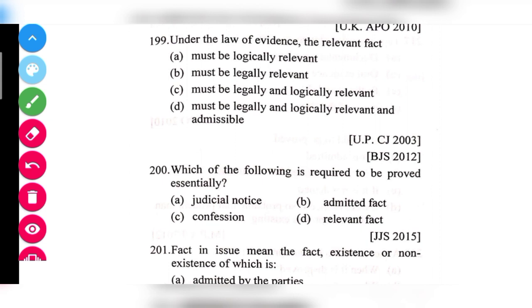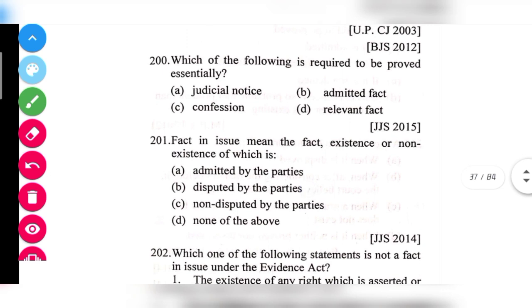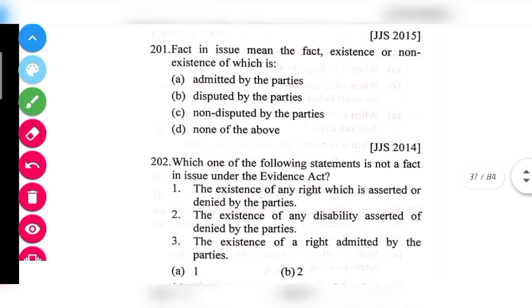200. Which of the following is required to be proved essentially? Answer is B. 201. Fact in issue means the fact, existence or non-existence of which is. Answer is B. 202.